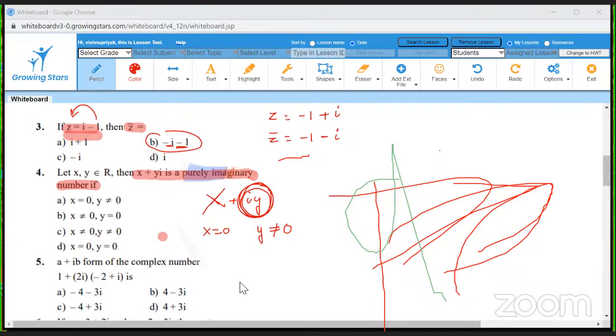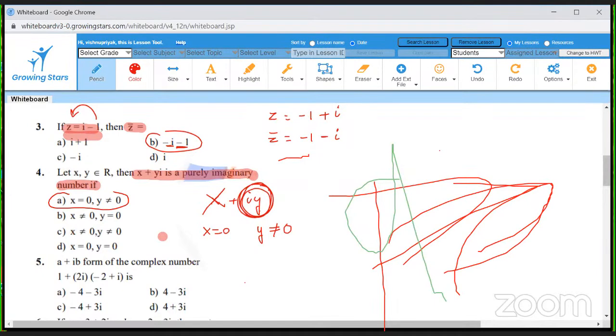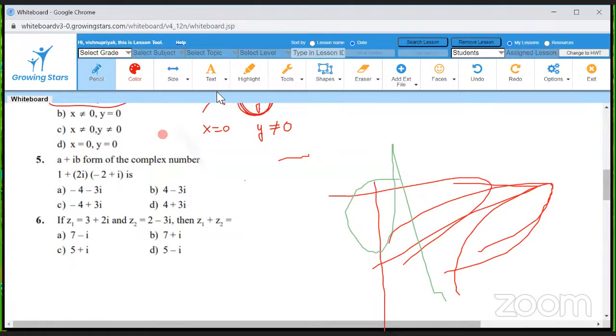And where are we having that? A. Then only you will have only the imaginary part. Okay, let's go to the fifth one.